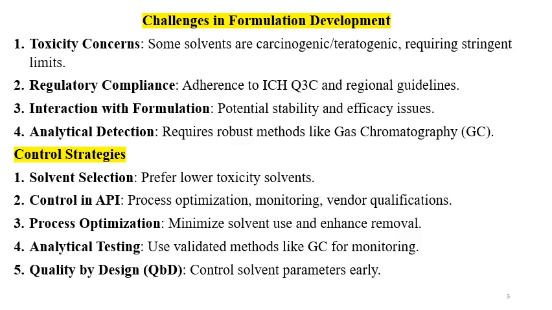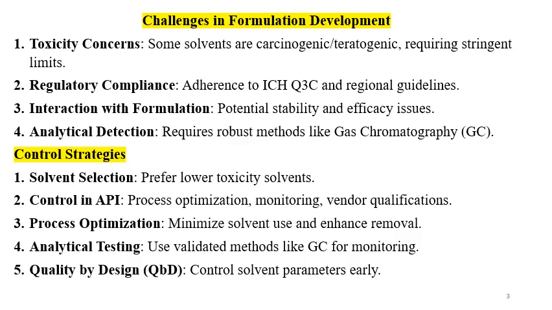As an example, if the API contains a Class 3 solvent present up to some extent, and in the manufacturing of the product you are also using the same solvent, then your risk will increase in the testing.